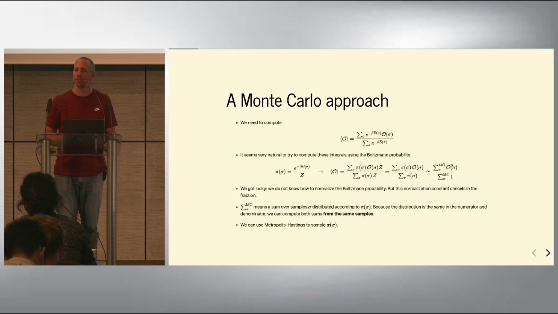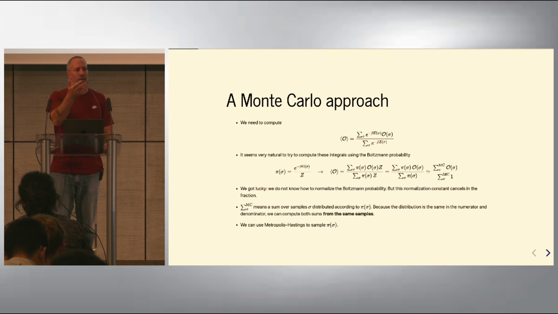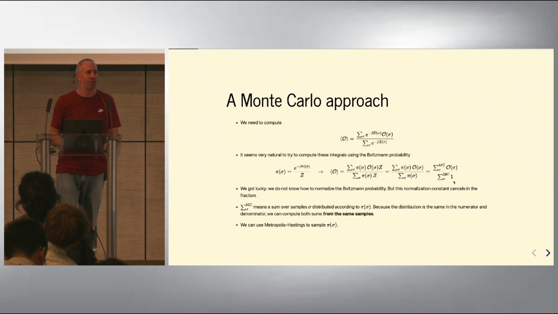The partition function disappears. Okay? So what I need to do is create a Markov chain which generates spin configurations according to the Boltzmann weight, and then measure on my Markov chain my energy, my magnetization, and normalize this by the sum of 1 here, which is just how many configurations I've been generating. Okay?